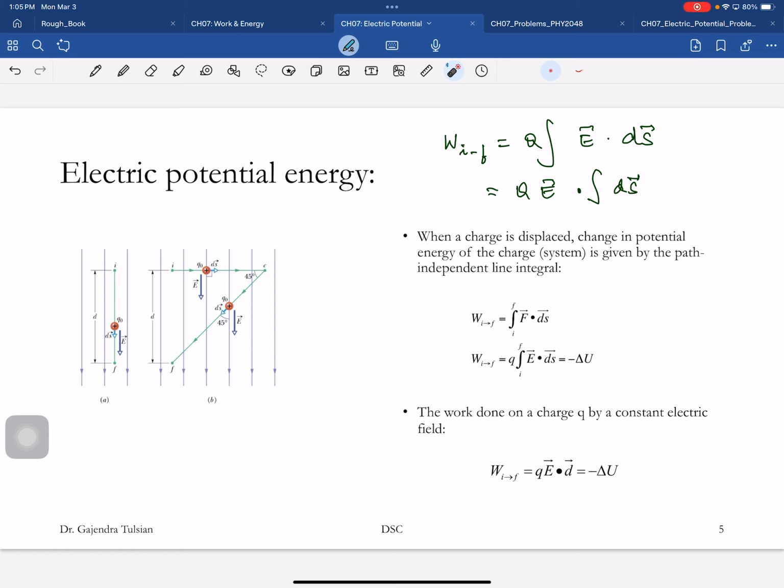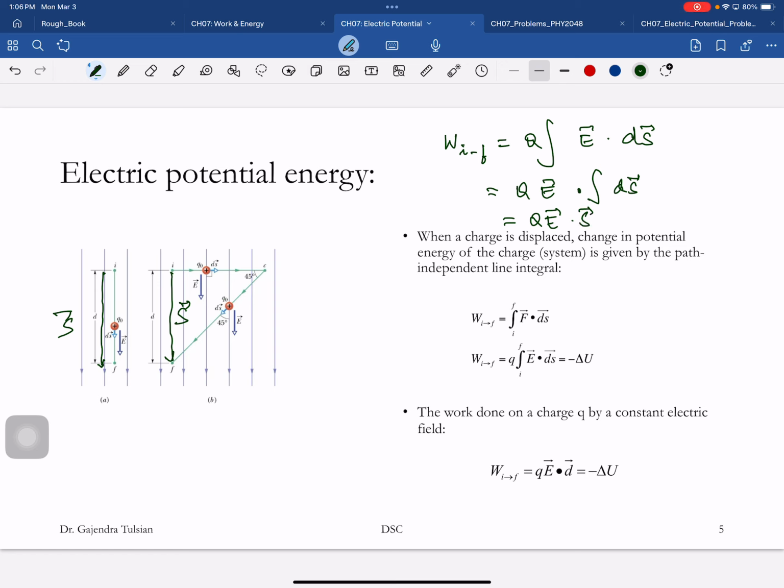For this path, this ds plus this is that vector S. For this path, it's this vector plus this vector plus this vector plus this, and it's the same. The sum of all those little elements is that. So it's QE dot S, no matter what path you take.